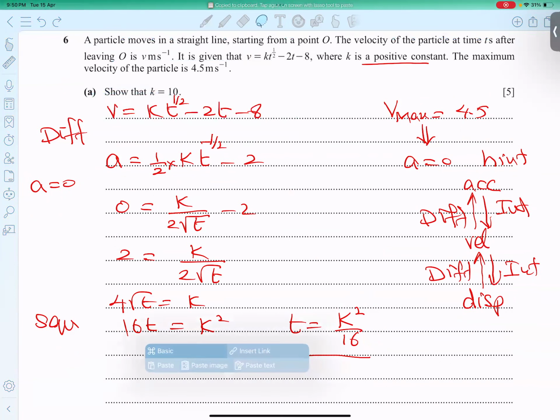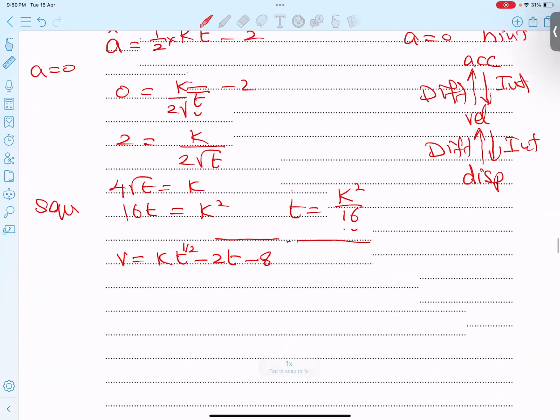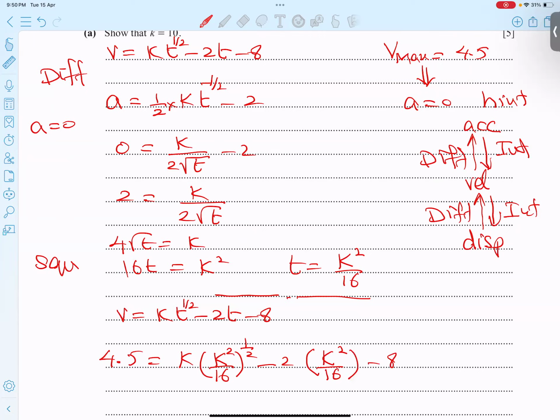This equation I'm using once again, but in place of velocity, I'm going to put 4.5 because it is a maximum, and k as it is, and the t value which I'm going to replace is k to power 2 over 16. Again, I'm writing here k to power 2 over 16 and minus 8.